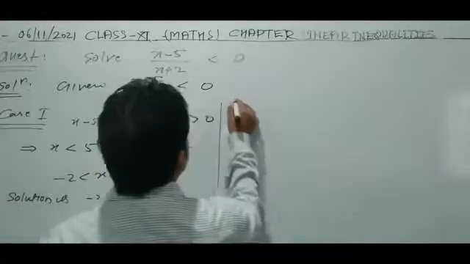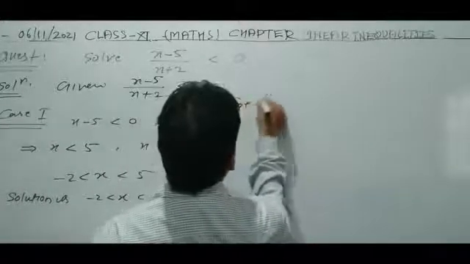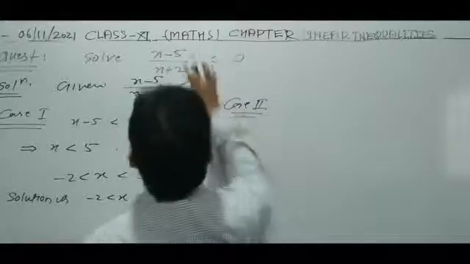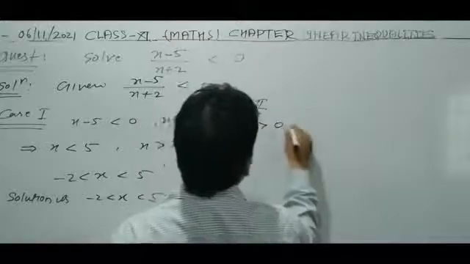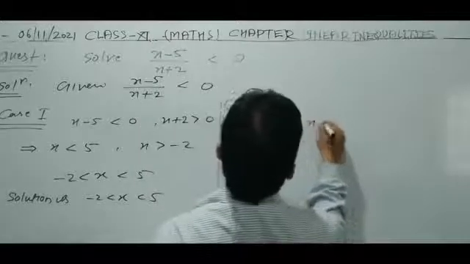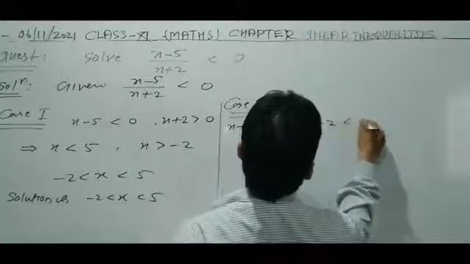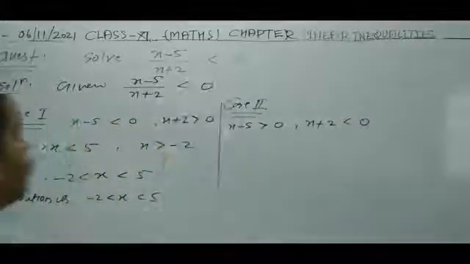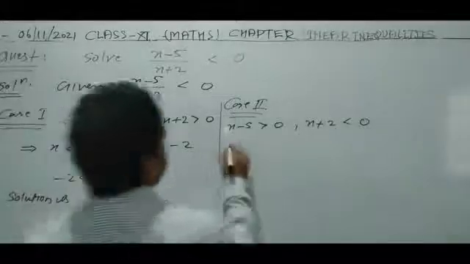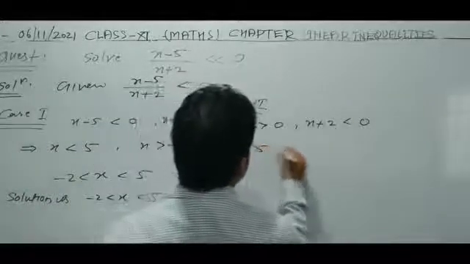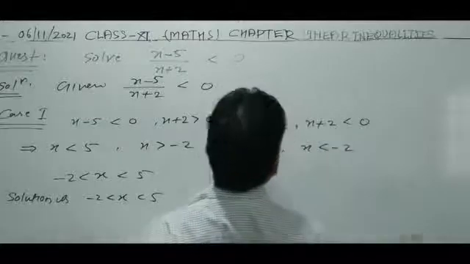Now case 2. Suppose in case 2 we take x minus 5 is more than 0 and x plus 2 is less than 0, so that the fraction will be negative. When you take x minus 5 more than 0, you get x is more than 5, and x is less than minus 2.